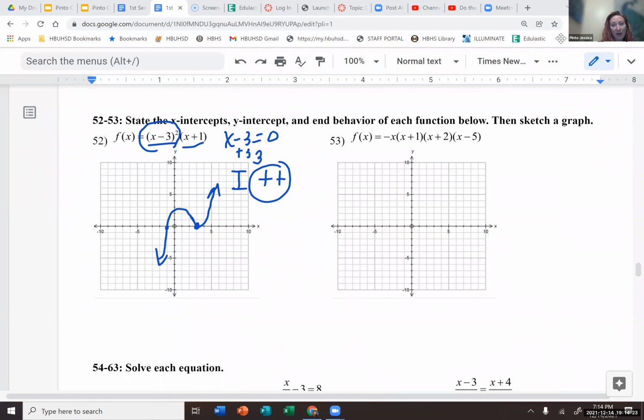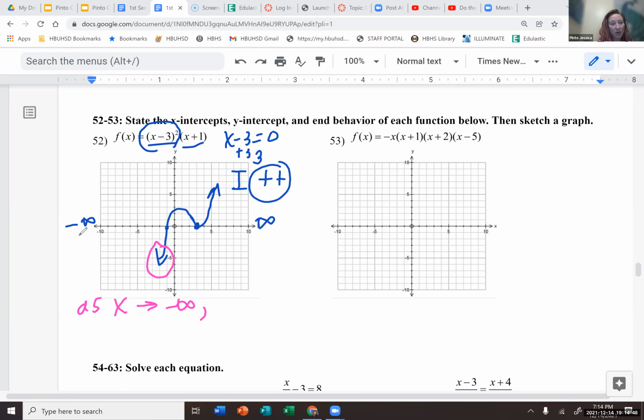We also want to talk about end behavior. So here's the x-axis. We've got negative infinity. We've got positive infinity. So we talk about what happens as x goes towards negative infinity. So as x goes towards negative infinity, what's happening to the arrow for y?